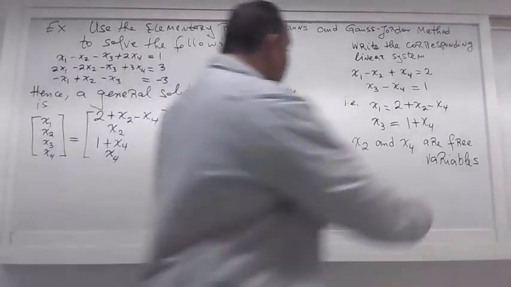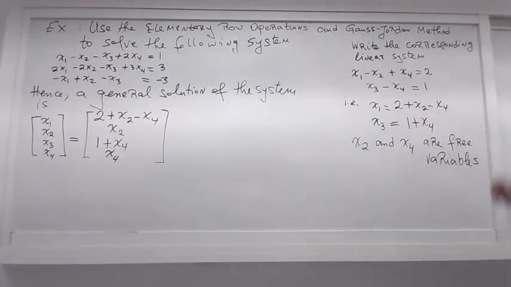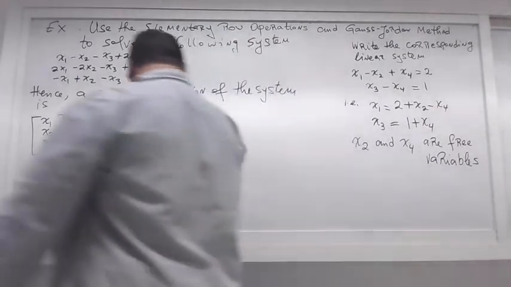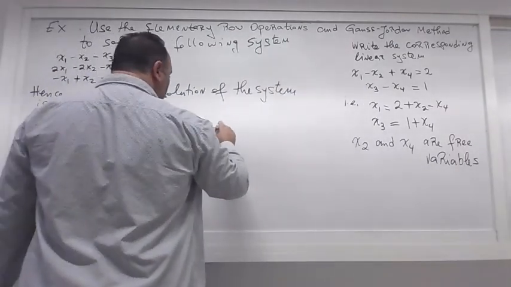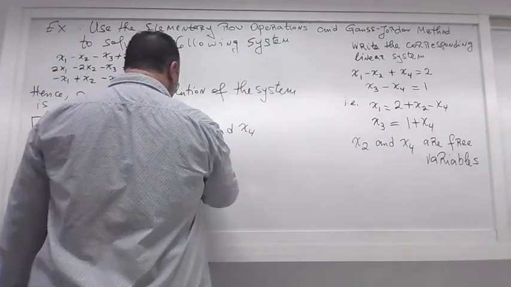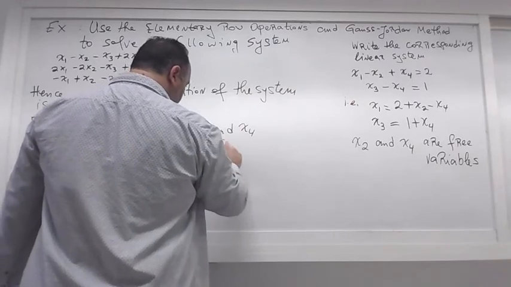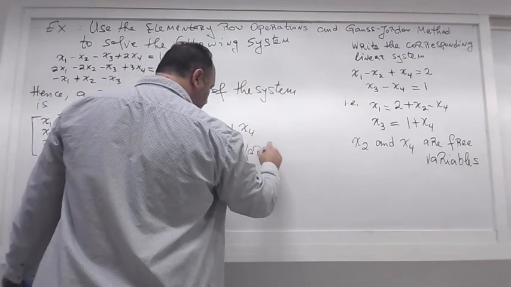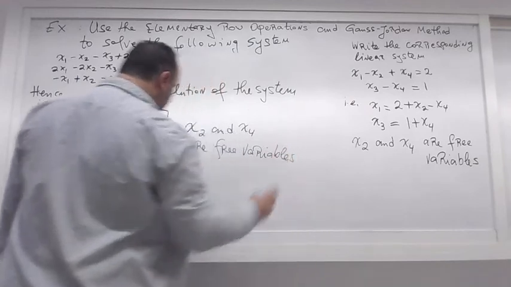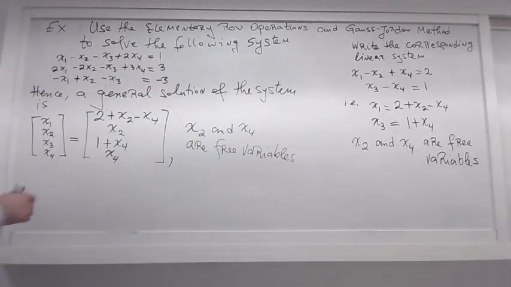How do I know it's free? Well, they are on the other side, as we said. So x2 and x4 are free variables. So the system has infinitely many solutions.